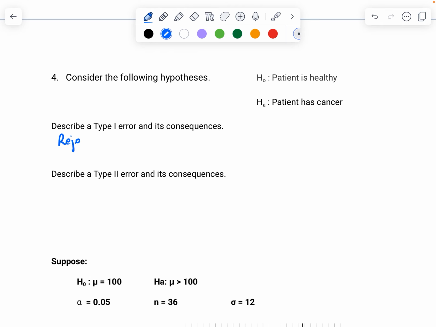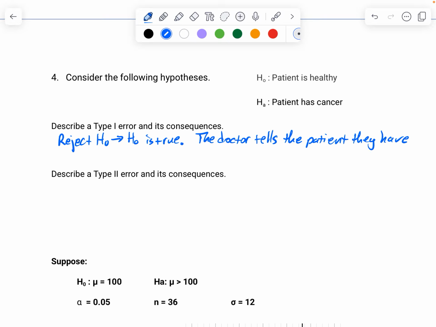We reject H0, but H0 is true. So what does that mean in context? The doctor tells the patient they have cancer, but they don't.